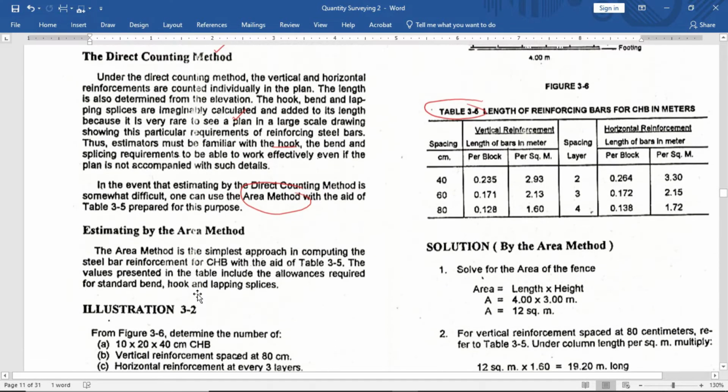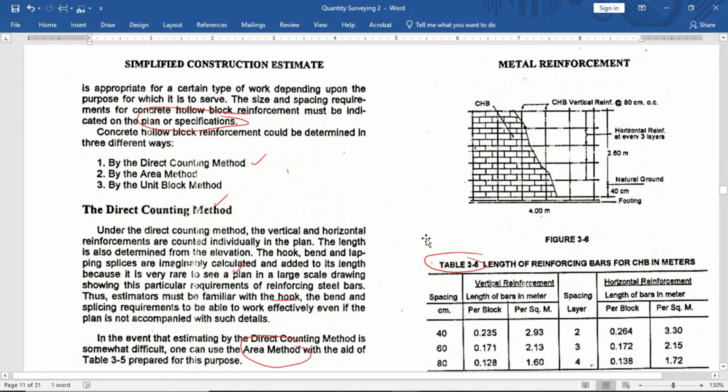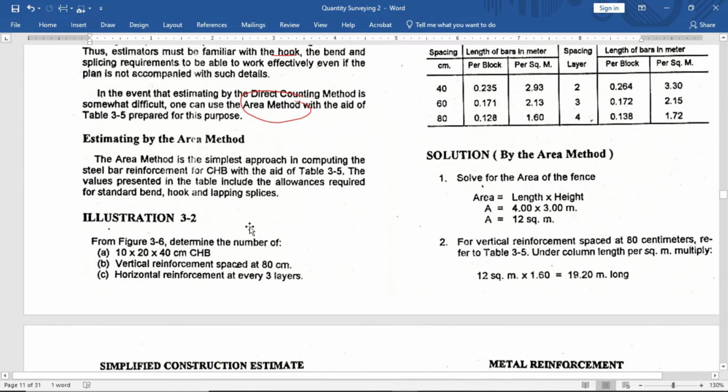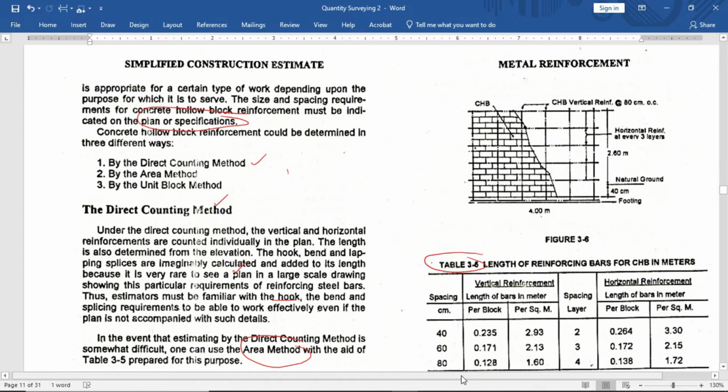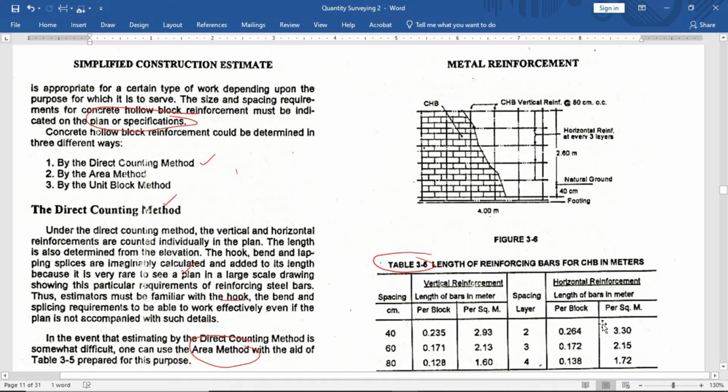So, illustration 3-2. Ito yan, figure 3-6. From figure 3-6, determine the number of 10 by 20 by 40 CHP, the vertical reinforcement spaced at 80 centimeters, and the horizontal reinforcement at every 3 layers. So, ito yung figure natin.